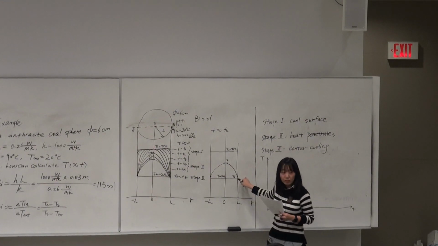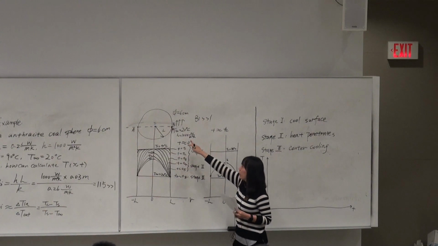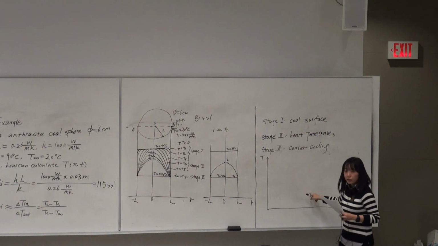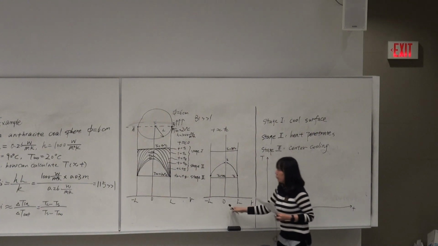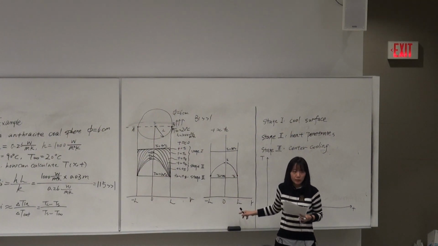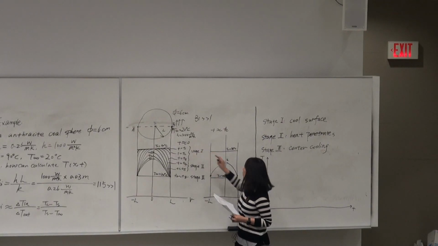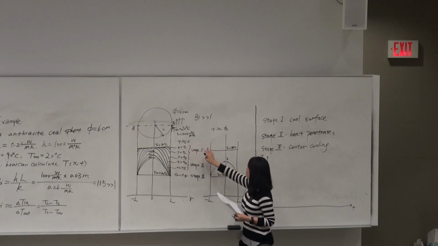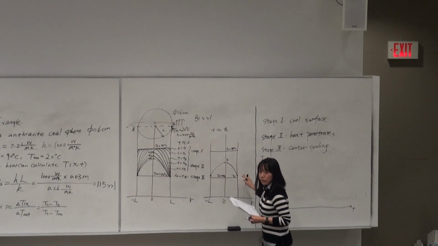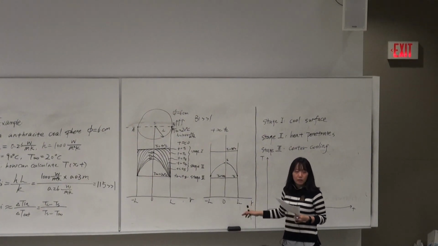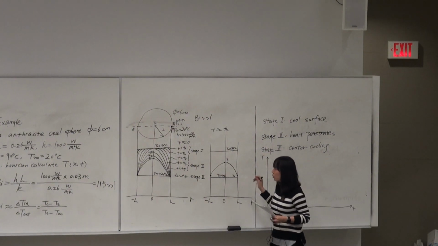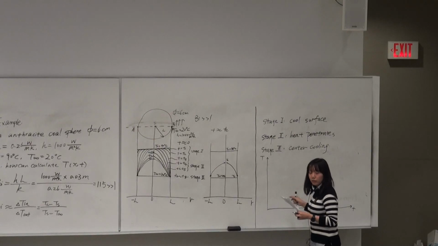It means we pick a fixed point in the sphere, let's say the surface, and draw how the temperature varies with time. For temperature profile or distribution, that's how temperature varies with space. We pick a fixed time, a short period after cooling, and describe how temperature varies in space. So those curves are essentially equivalent. We should be able to understand and jump easily from one to the other.